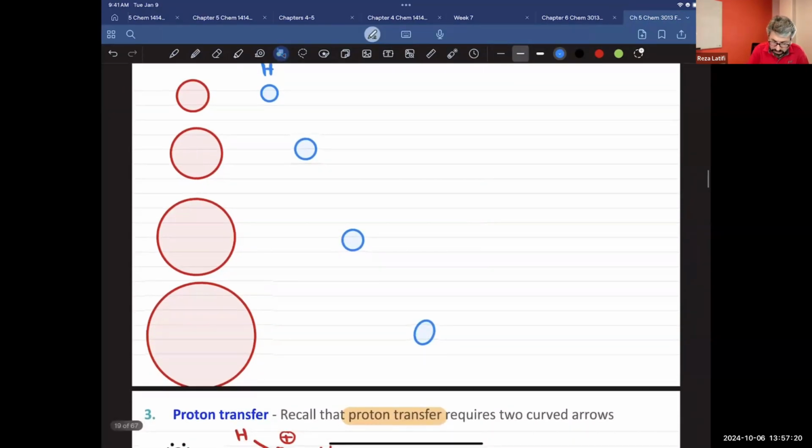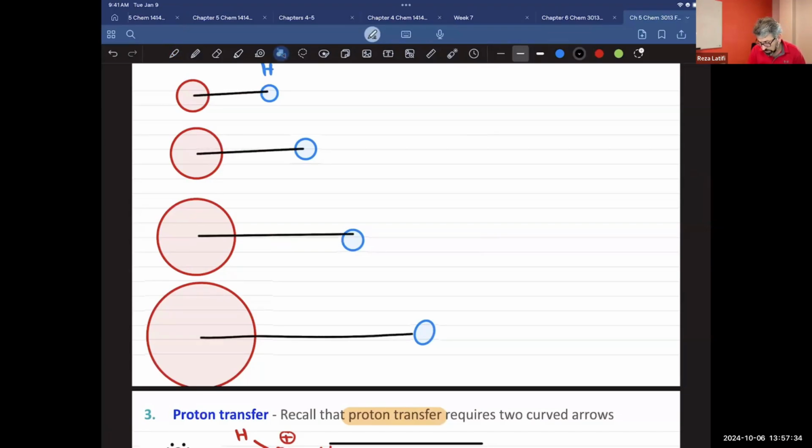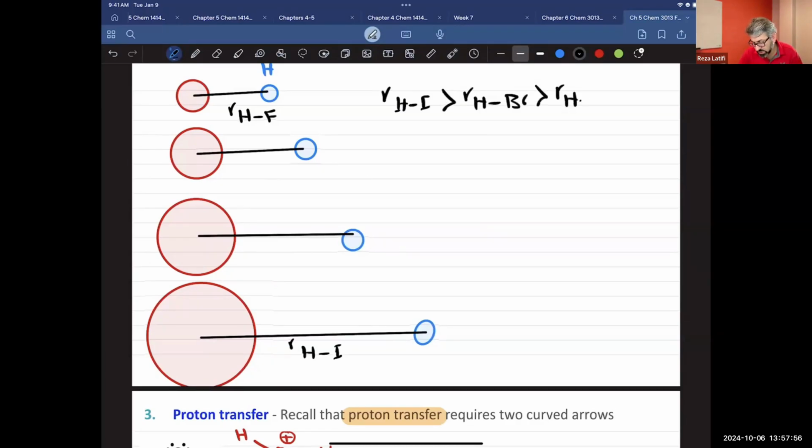Every time I increase the size of the non-metal that's attached to hydrogen, the bond length gets bigger. So if this one is the bond length for HF, and that's the bond length for HI, the bond length for HI is bigger than HBr, this one is bigger than HCl, and that one is bigger than HF.